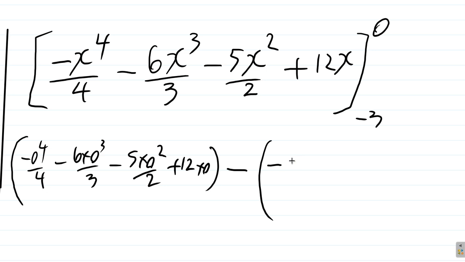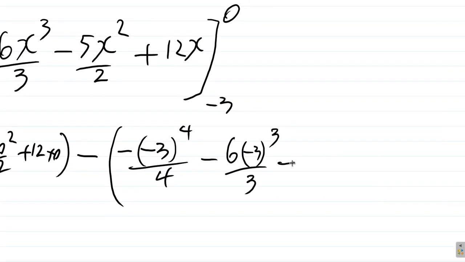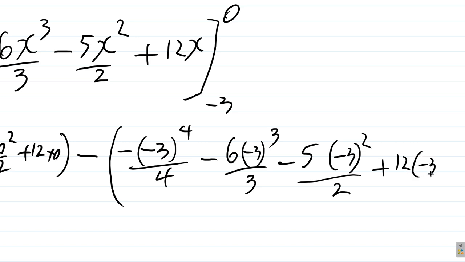Then x is negative 3: negative 3 to the power of 4 over 4 minus 6 times negative 3 cubed over 3 minus 5 times negative 3 squared over 2 plus 12 times negative 3.